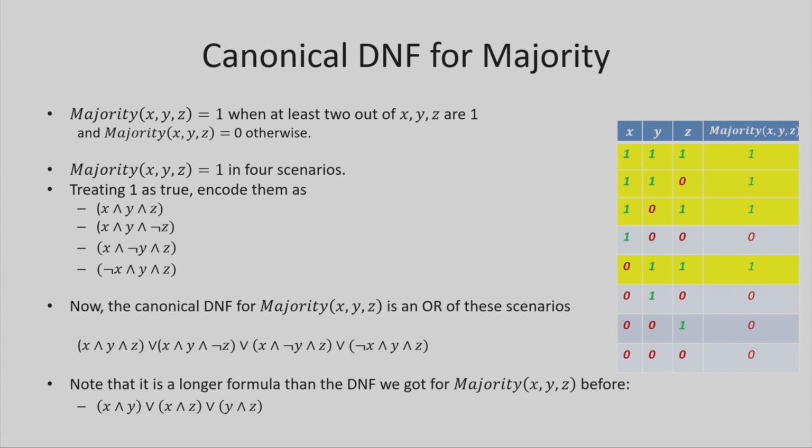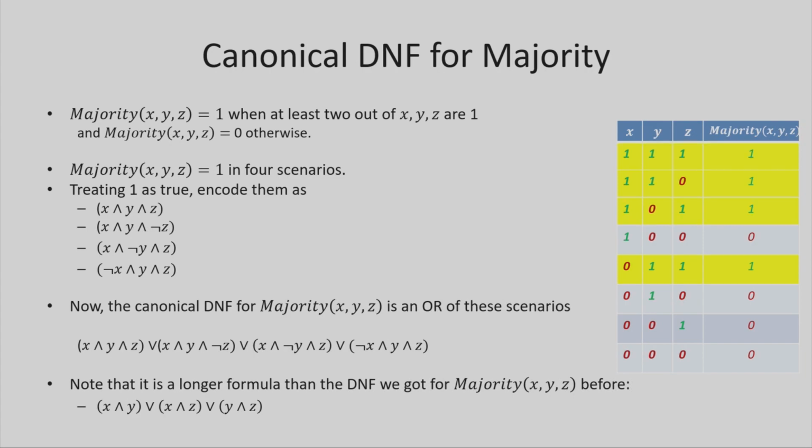So x and y and z will be true only in the very first scenario where x is 1 or true, y is 1, and z is 1. Similarly, the second scenario is x and y and not z. The third scenario is x and not y and z.